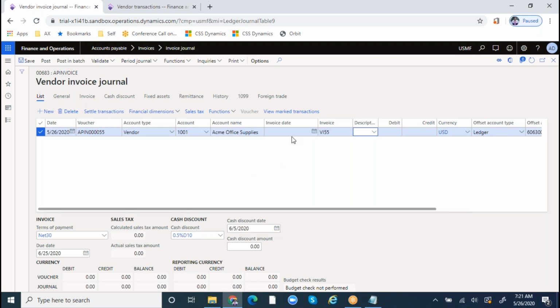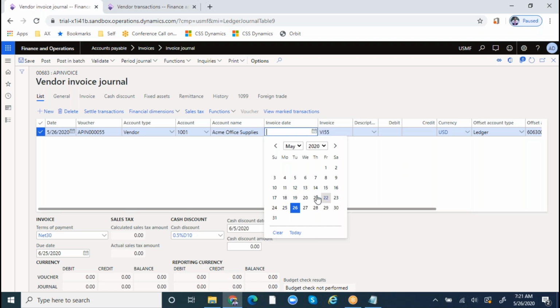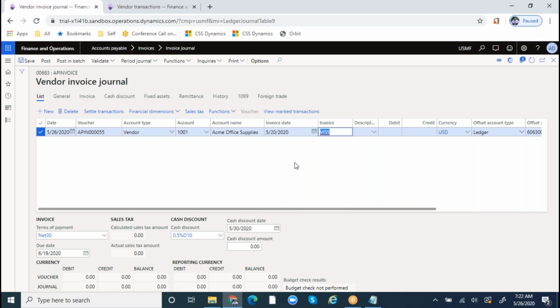The invoice was generated 5 days back, that is on the 20th. Now I'm doing the invoice today, suppose 351. Invoice is generated by the vendor 6 days back, but I'm doing it today. Now 45 days.